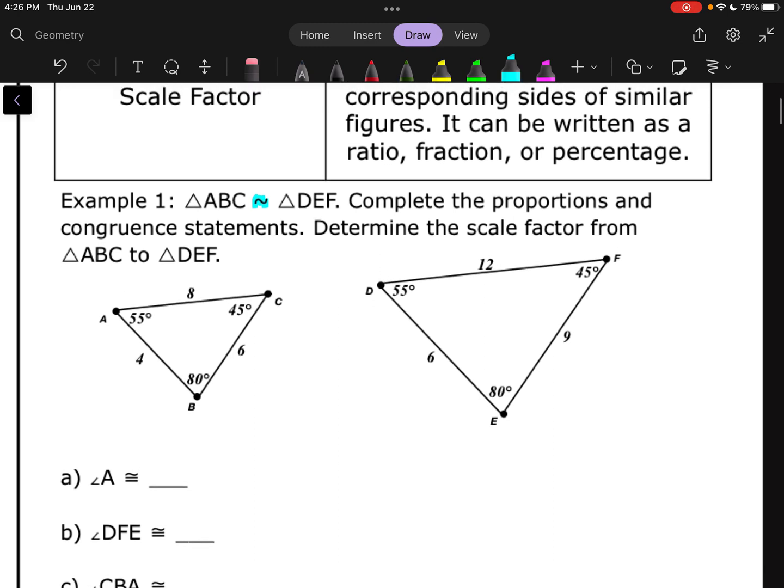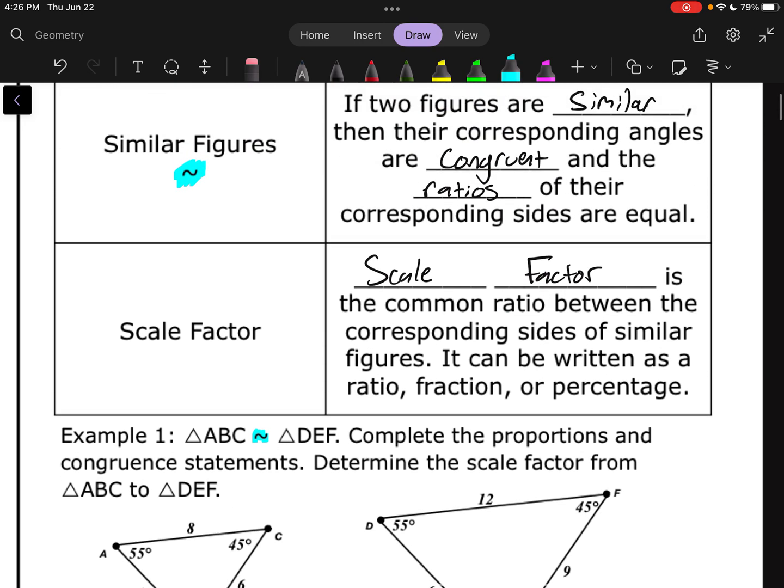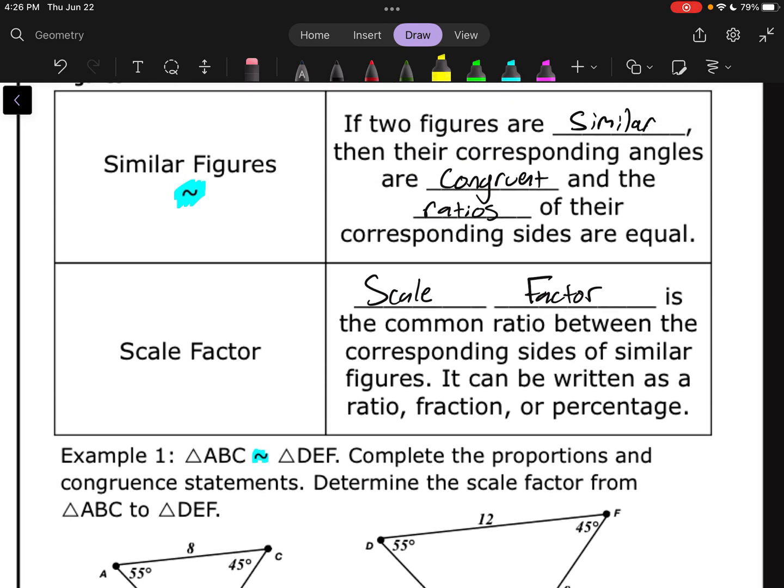So let's see what we can do here. Before we dive into those questions, let's just recap the two big things for similar figures. If things are similar, their corresponding angles are congruent, meaning that the angles have the exact same measures. And the ratios of the corresponding sides are equal.